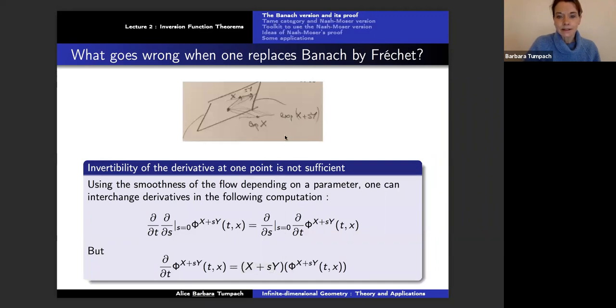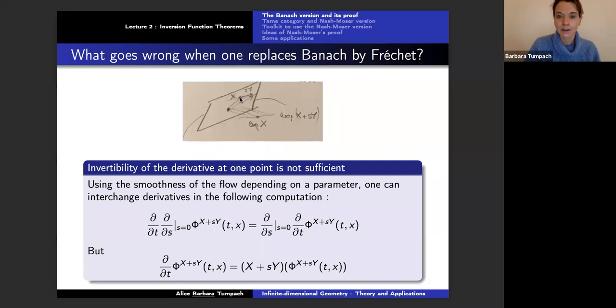So here the idea: we want to see that the differential at this vector field x_{2π/k} is not injective. I don't know if my drawing is good, but we have to differentiate the exponential map at some x.